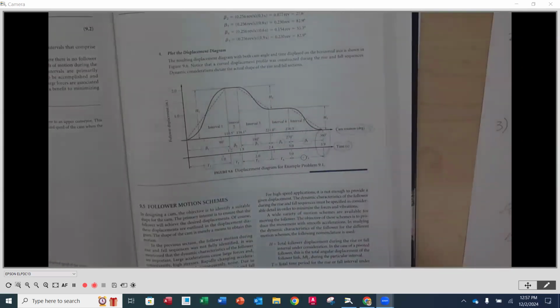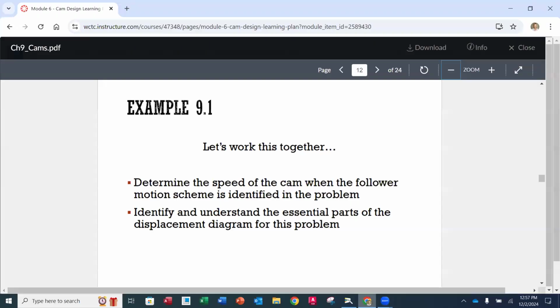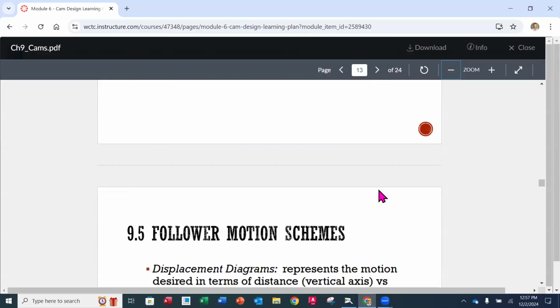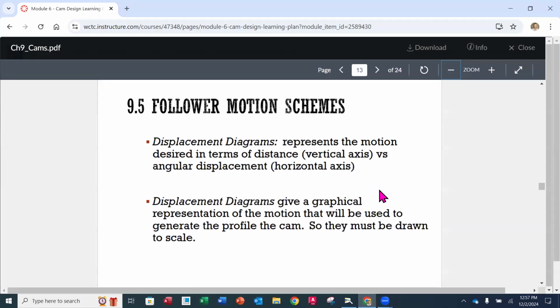All right, so the next section that we have here is we're going to be looking at follower motion schemes. So I'm going to go back to our PowerPoint presentation. We already looked at displacement diagrams in detail, but in reviewing what we had looked at previously, a displacement diagram represents the motion required in terms of distance along that vertical axis versus the angular displacement along the x-axis, or that horizontal axis.